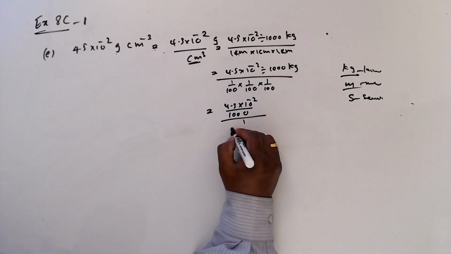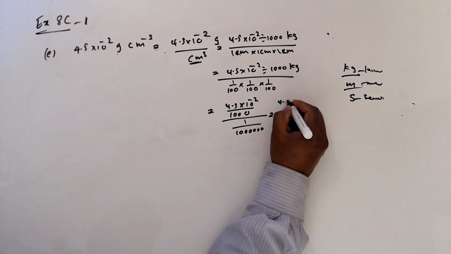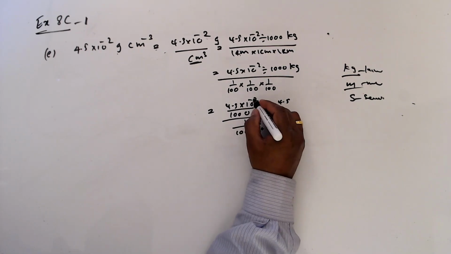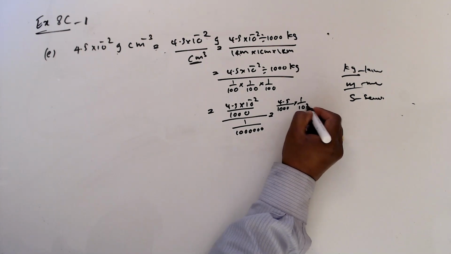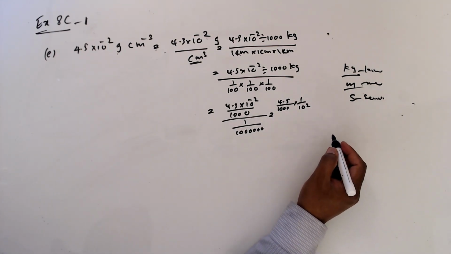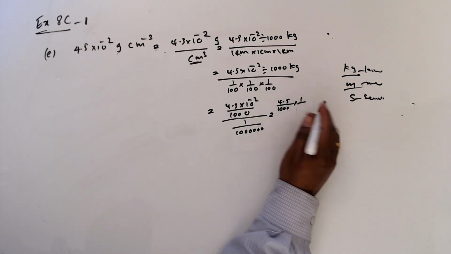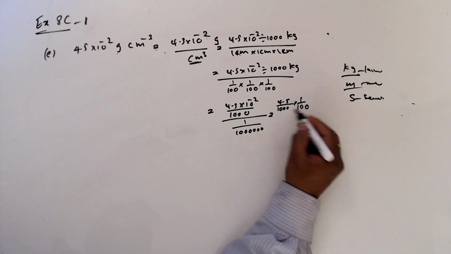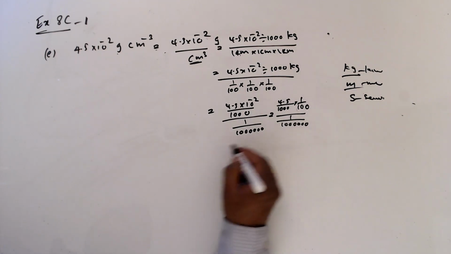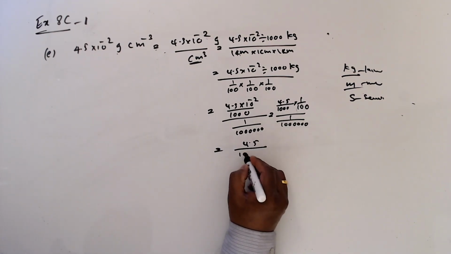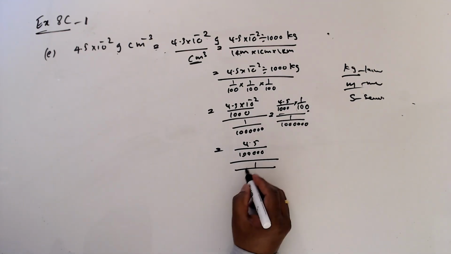This is 1 over 1 6. So I'll bring this 10 to the power minus 2 down, 1 over 10 square. So then 10 square means 100. So I'll write as 100. So 4.5 over 1, 2, 3, 4, 5 dots and 1 over 6 dots.